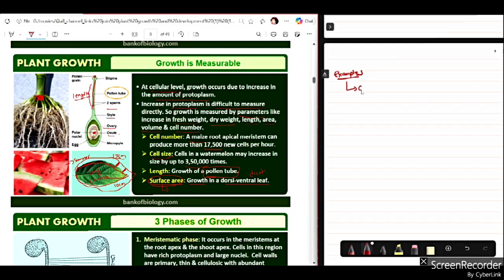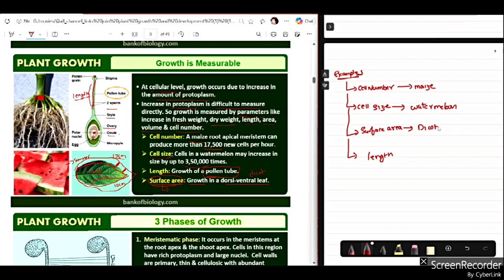Growth can be measured in the form of cell number ద్వారా మెజర్ చేయొచ్చు, and also with the help of cell size, and also we can measure the growth with the help of surface area, and also with the help of length, so with the help of number again nana example maize mokkajonna, and with the help of the size and nana watermelon, the help of the leaf and nana dicot leaf, and the help of the length and pollen tube.